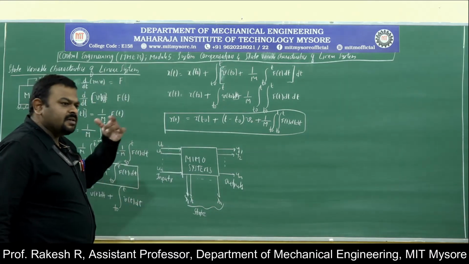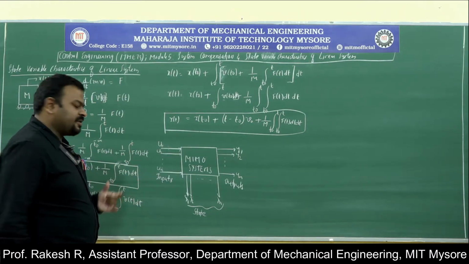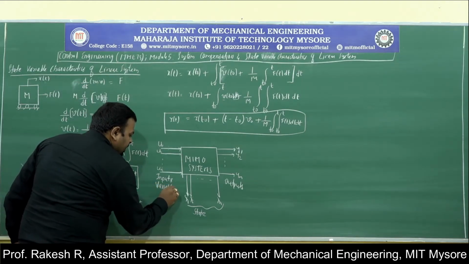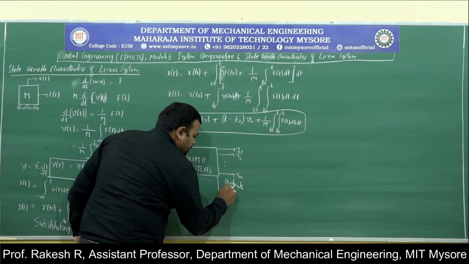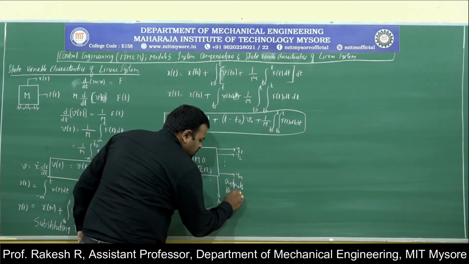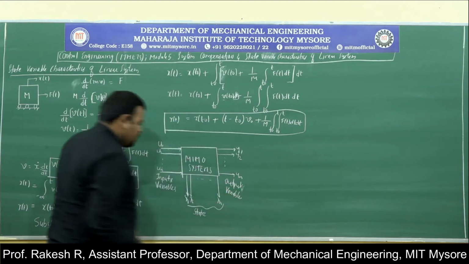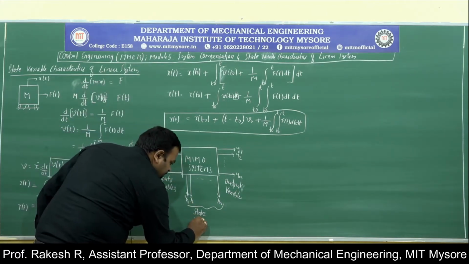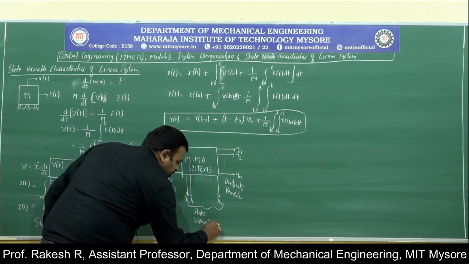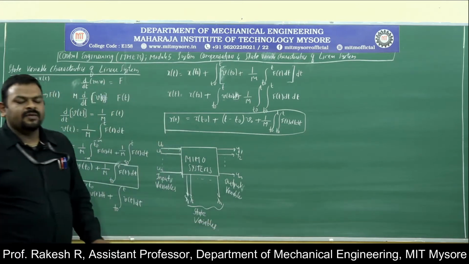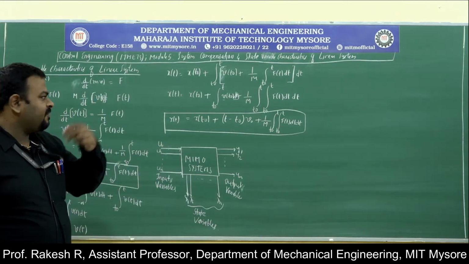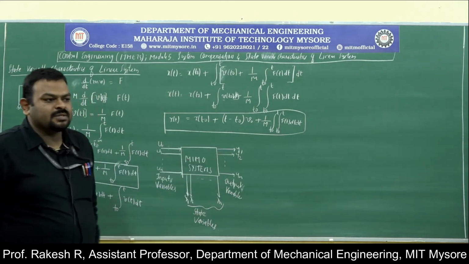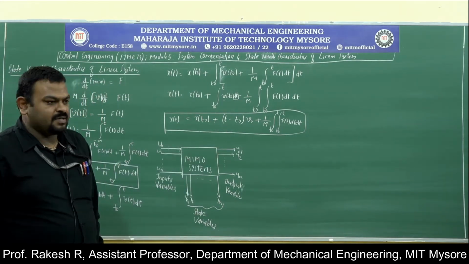We will write u1, u2, u3 as input variables, y1, y2, y3 as output variables, and x1, x2, x3 as state variables. Whenever you transform an input to an output, you will get different states. This is the concept of state variables.